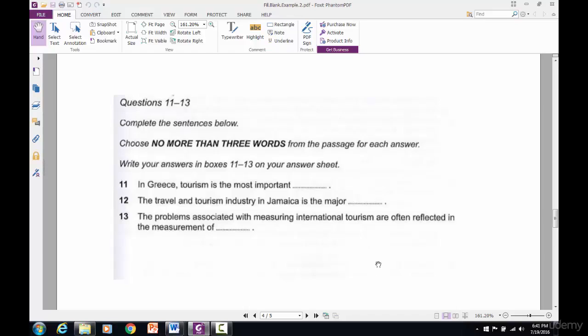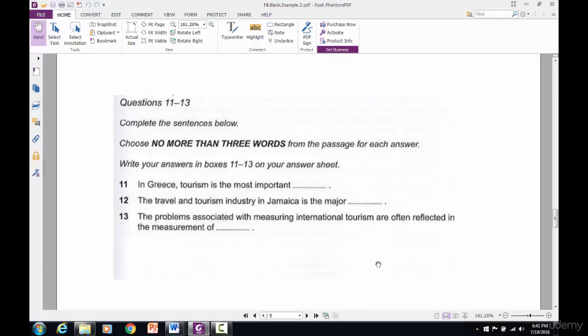Clearly, numbers 11 and 12 are going to be the fastest to do first because of the words Greece and Jamaica. Those words are going to be very easy to find in the reading passage. Once we find those words in a sentence, for number 11 we're looking for the answer that's connected to most important.